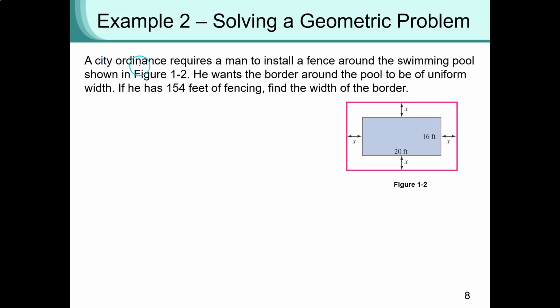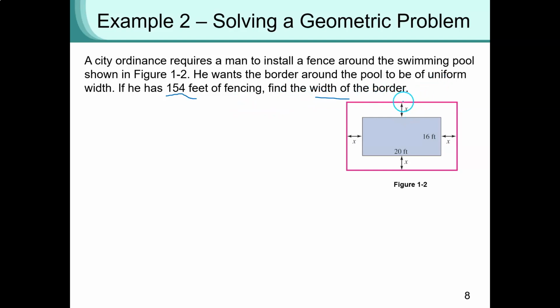A city ordinance requires a man to install a fence around the swimming pool that's shown in the figure here. He wants the border around the pool to be of uniform width. If he has 154 feet of fencing, you need to find the width of the border.